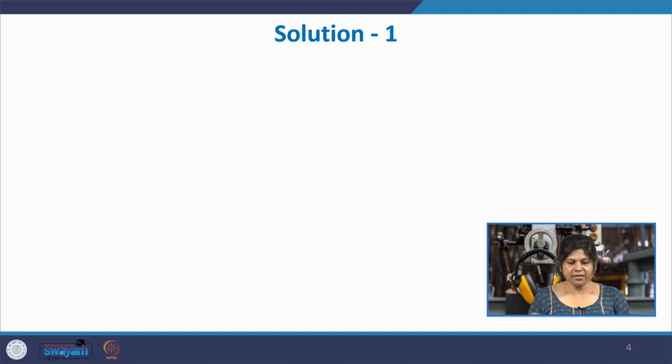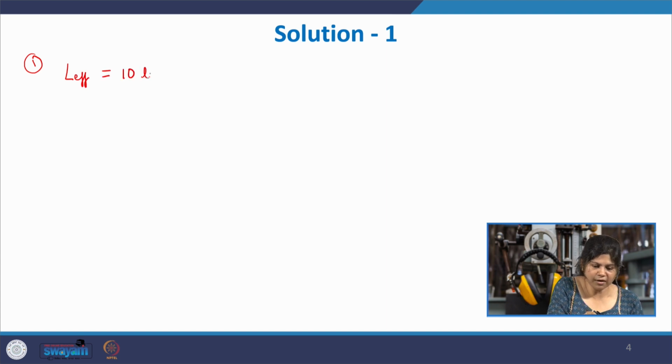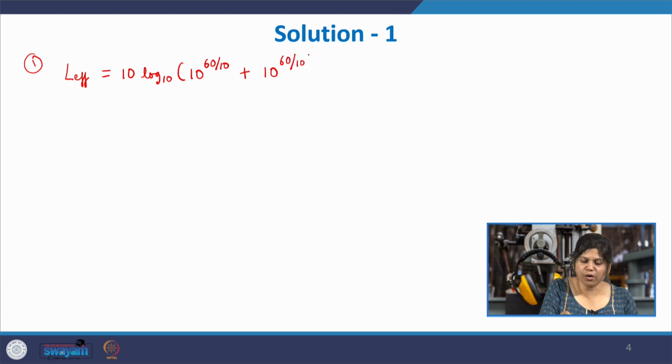We have already seen the derivation. In this case, L effective is simply 10 log 10 to the power of the first level, which is 60, of the first source, and the second source is the same identical speaker playing the same sound signal, so it also individually contributes 60.